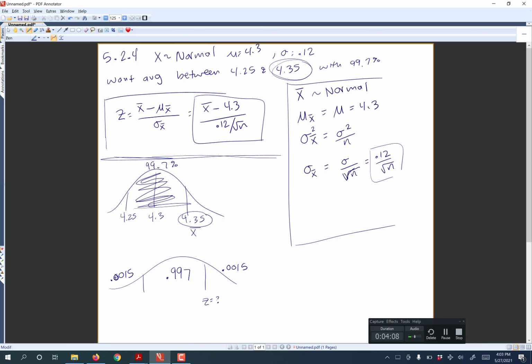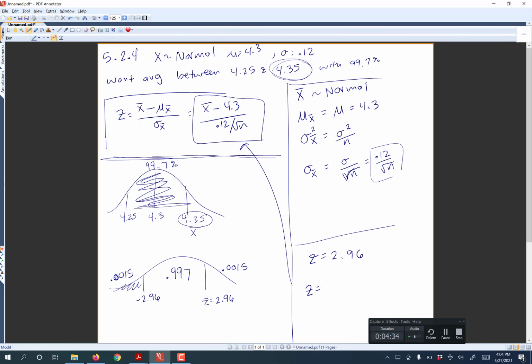So z equals, this one was negative 2.96 when we looked at 0.0015 to the left. So this would be positive 2.96. So we have z equals 2.96, and that would be for an x bar value of 4.35. So up here, we said, what is it going to be?